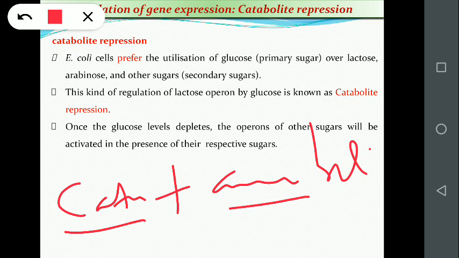That is the point we have to discuss in this catabolite repression process.